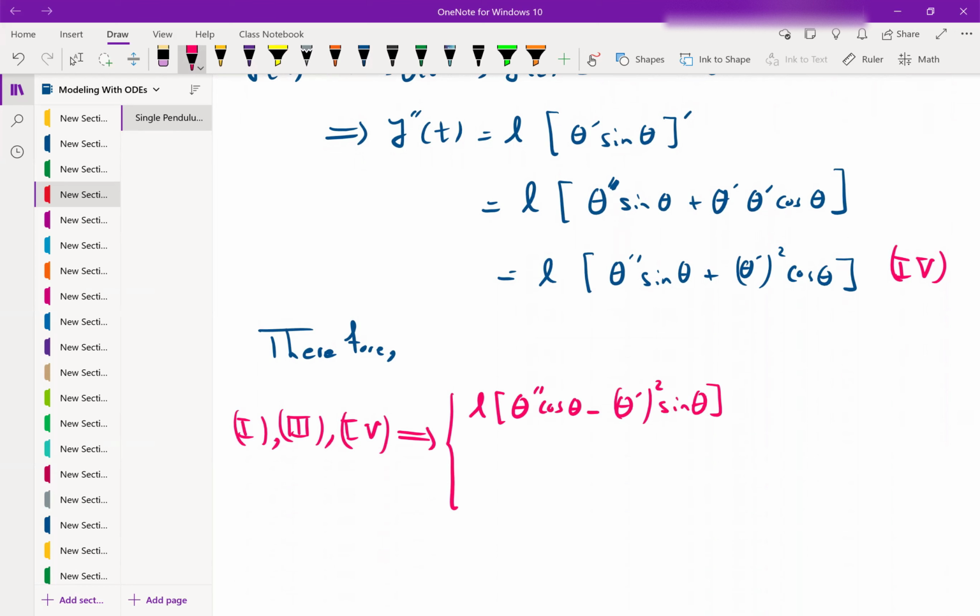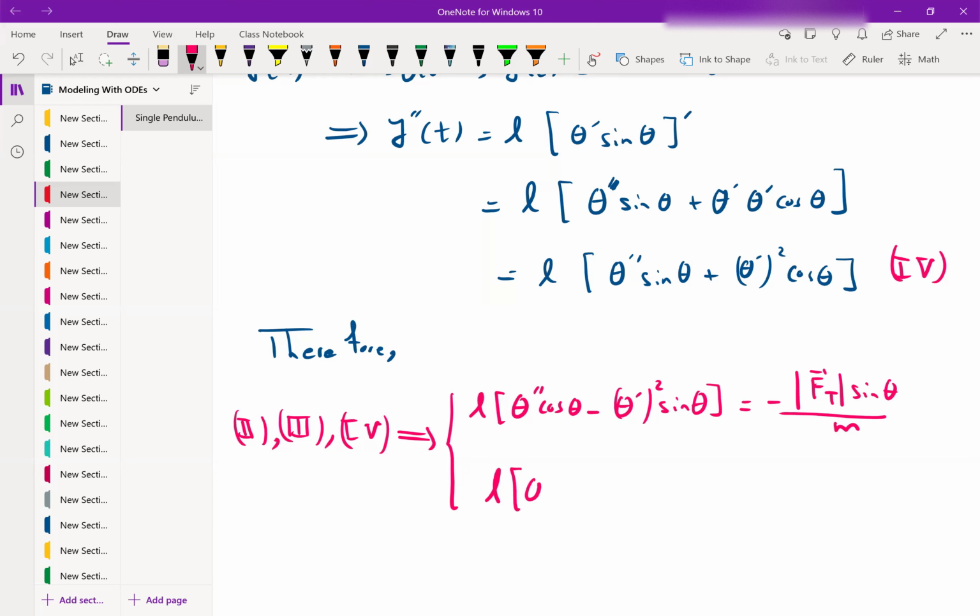This is x double prime of t. This is equal to negative the magnitude of Ft sine theta over m. And now for the second equation in 2, where what we had was y double prime on the left.